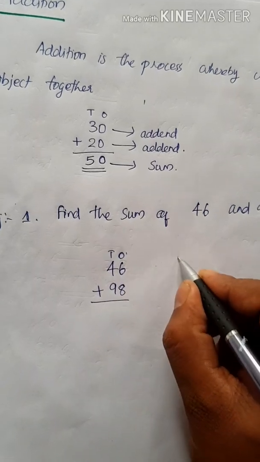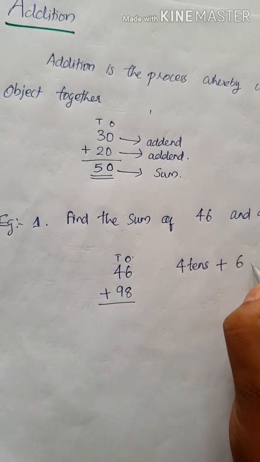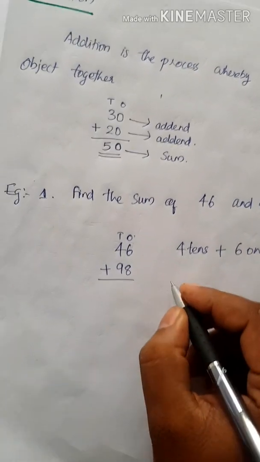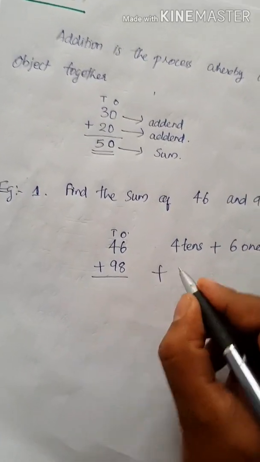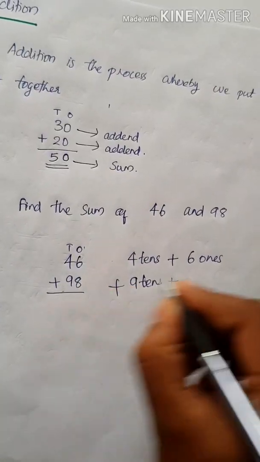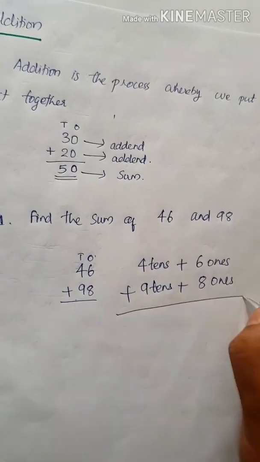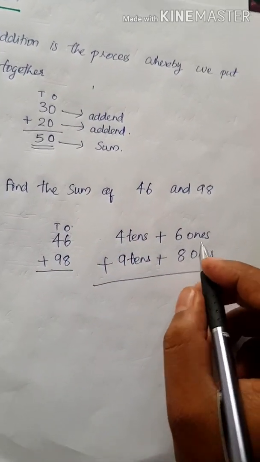Here it is 4 tens plus 6 ones, plus 9 tens plus 8 ones.